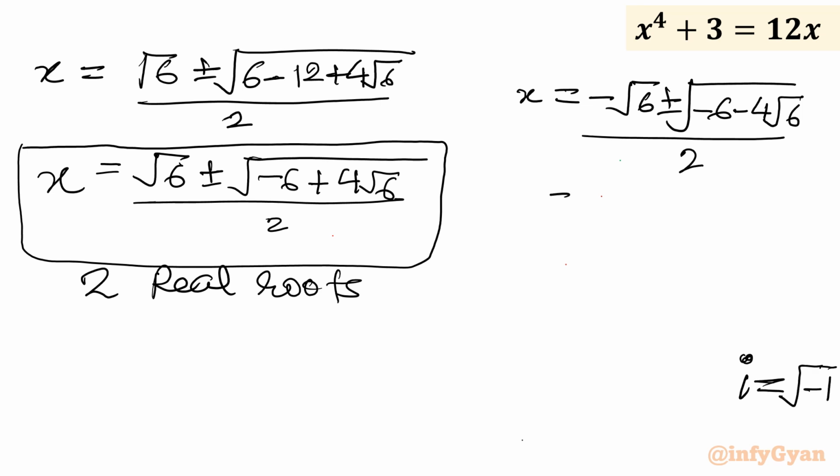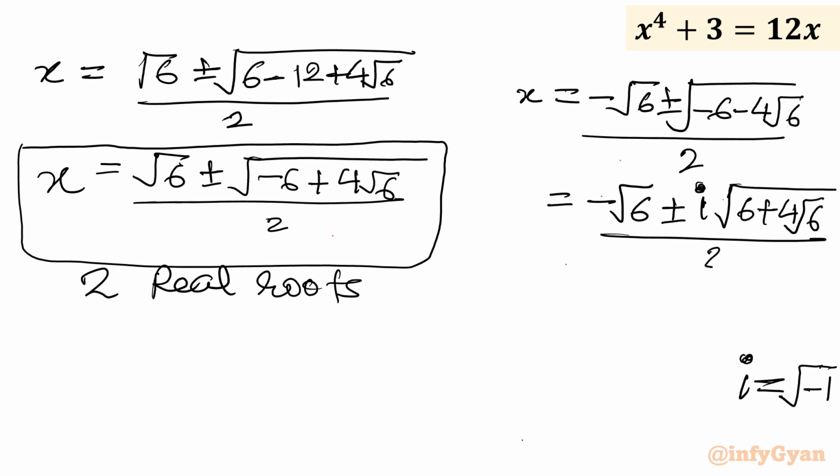So I will take that i out, or the minus sign out. So it will become minus root 6 plus minus i times the square root of 6 plus 4 root 6, divided by 2. So here we are having two complex solutions.